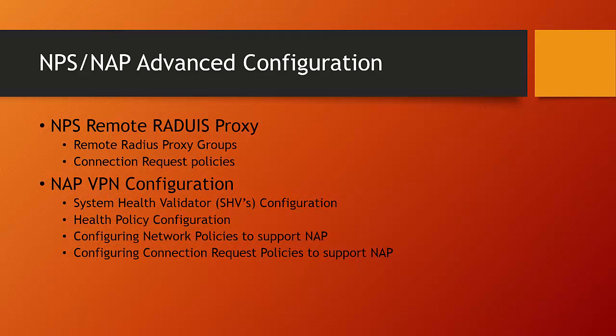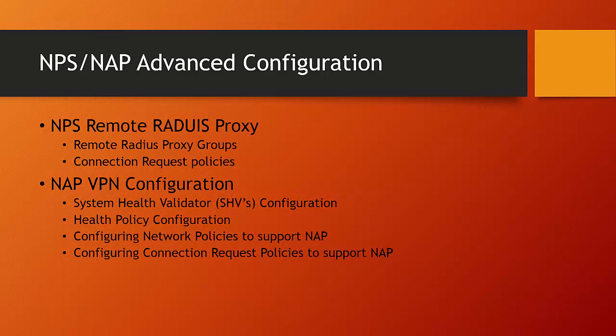In our example in the previous video, we used our NPS server as a centralized authentication, authorization and accounting server. So a RADIUS client, our RAS server, passes on authentication requests to the RADIUS server, which is our NPS server. But an NPS server can also act as a RADIUS proxy.